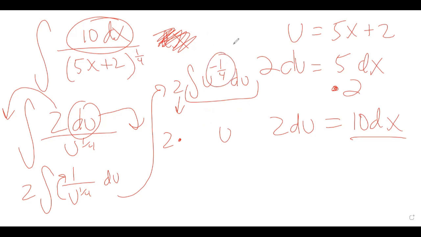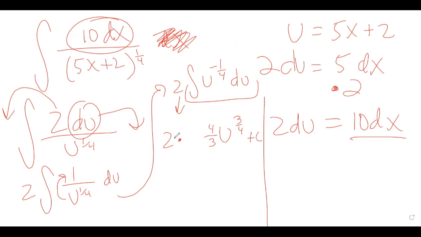Take negative 1/4, but then add 1 to that. And if you add 1 to negative 1/4, you get positive 3/4. That's the new power. And then take the new power, reciprocate it, and put it before the u. And then plus c.